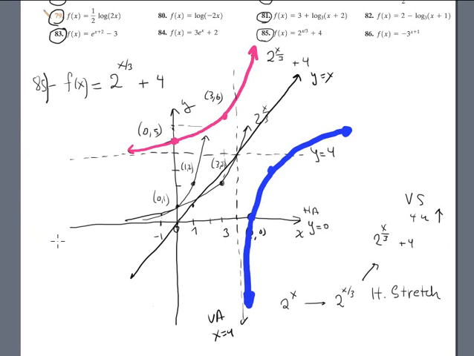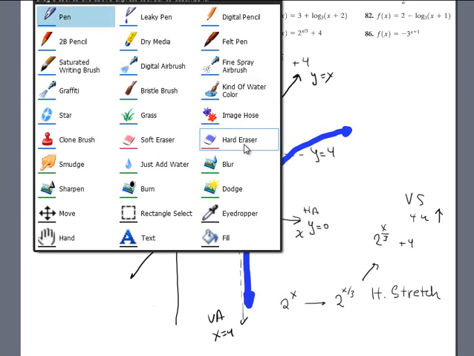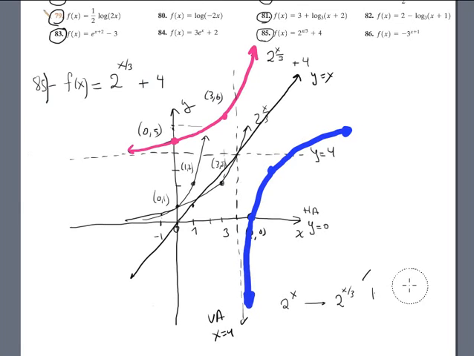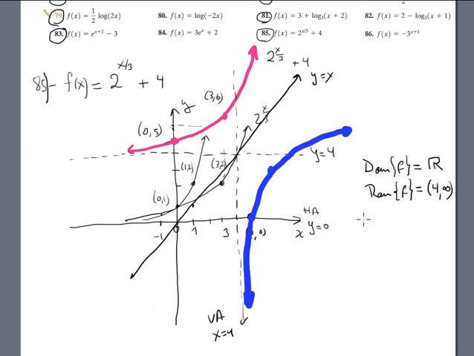Now the final part is the domain. The domain of the function f is all real numbers, and the range of the function f, looking at the graph, is from 4 to infinity, or y such that y is bigger than 4.